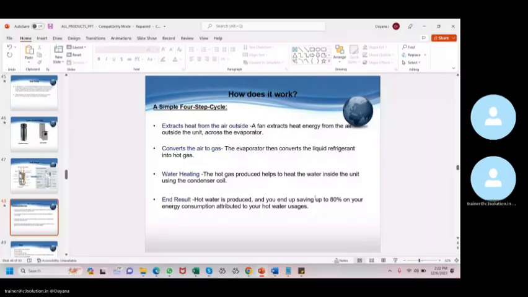Let me share the screen again. Now you can understand how it works, Monu. First, the fan extracts the heat energy. We extract the heat energy, obviously, from the air outside the unit, and it crosses the evaporator.